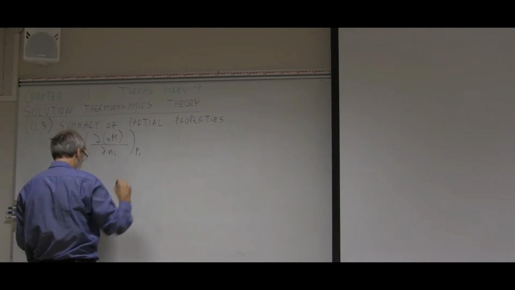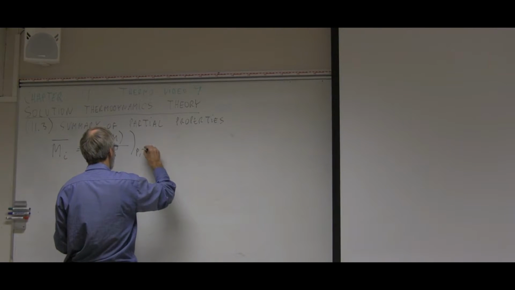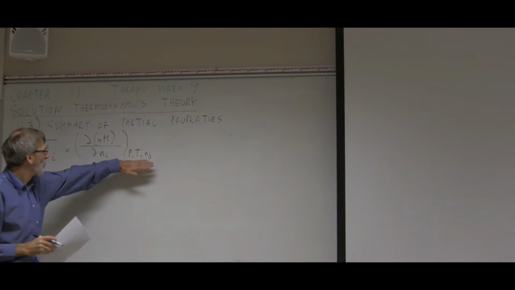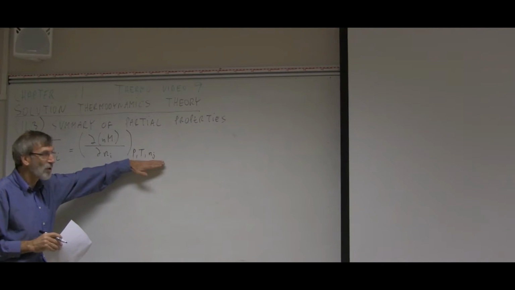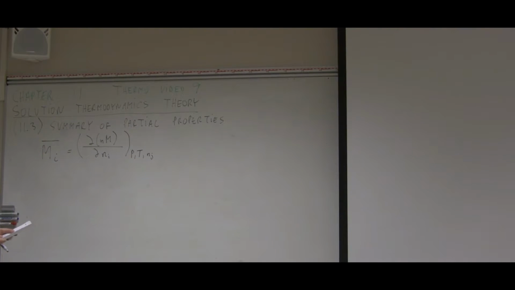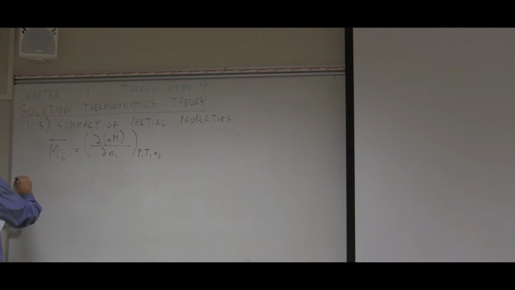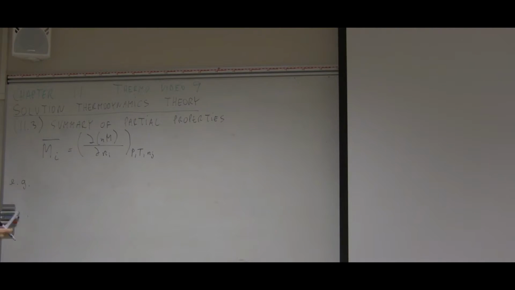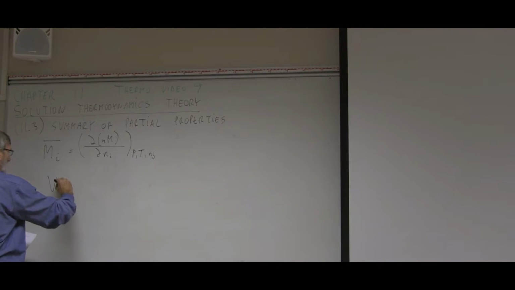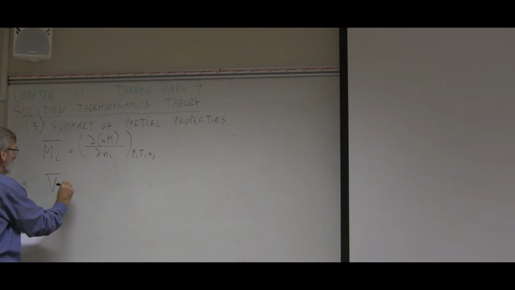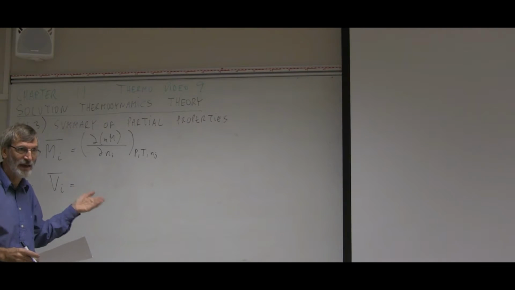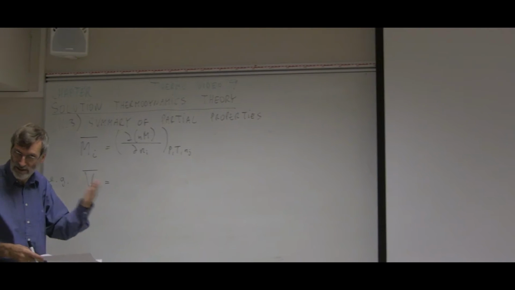And we keep the pressure, the temperature, and the number of moles of all other components constant. This is general for any component, and in my point of view, the easiest to understand is the volume. Among these thermodynamic properties, volume is the simplest to understand.